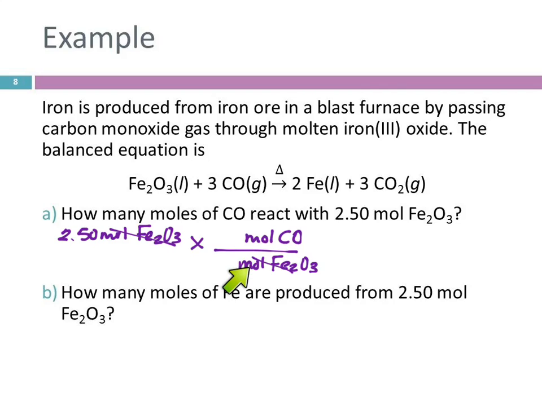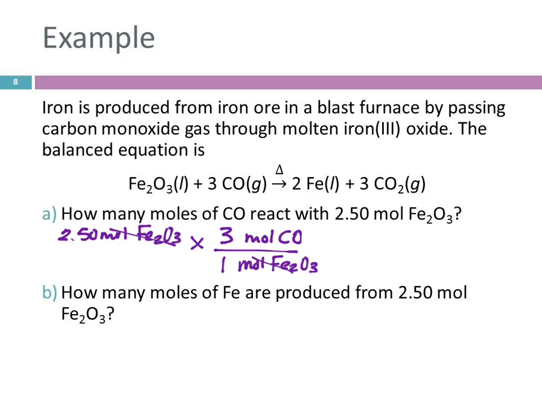The mole ratio comes from the coefficients in the balanced chemical equation. What number is in front of Fe2O3? A 1. So then here in my ratio, I'm going to write the same number in front of Fe2O3. What number is in front of CO? It's a 3, so I'm going to put a 3 here. Is that easy?